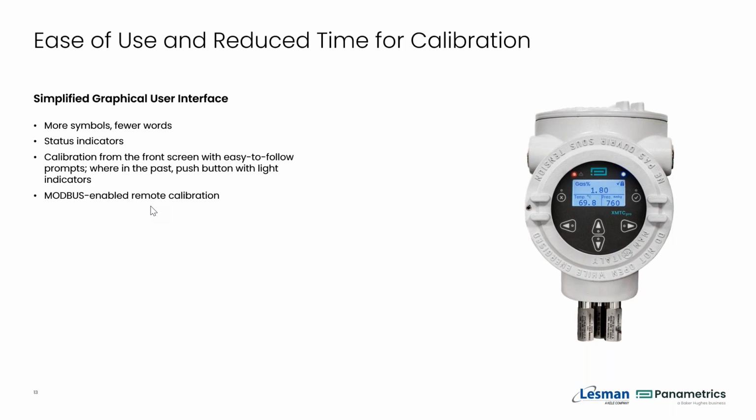Now that takes a little bit more work on the DCS side or the PLC side and the control system, but if it's located in a difficult place to access, that makes it a lot simpler. All in all, the entire look and feel of how you do calibrations today is very much simplified.